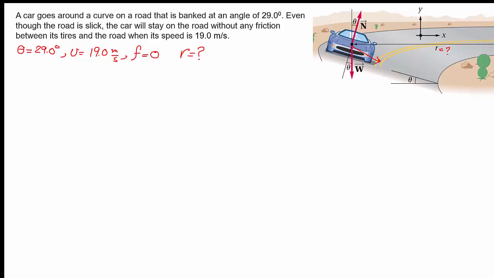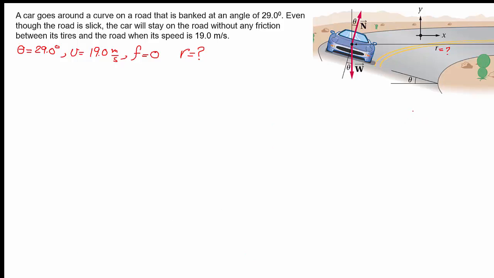This will be the direction of the friction, and it will be static friction because the friction will just keep the object in an orbit, in a circular motion. Okay, so that would be the direction of the static friction if there is friction. But since we don't have friction, we can go ahead and remove this one here.